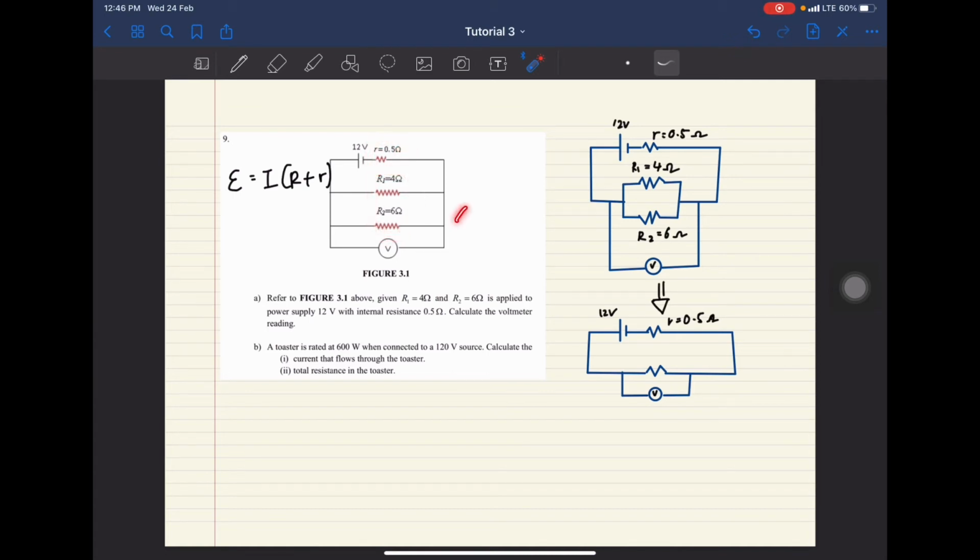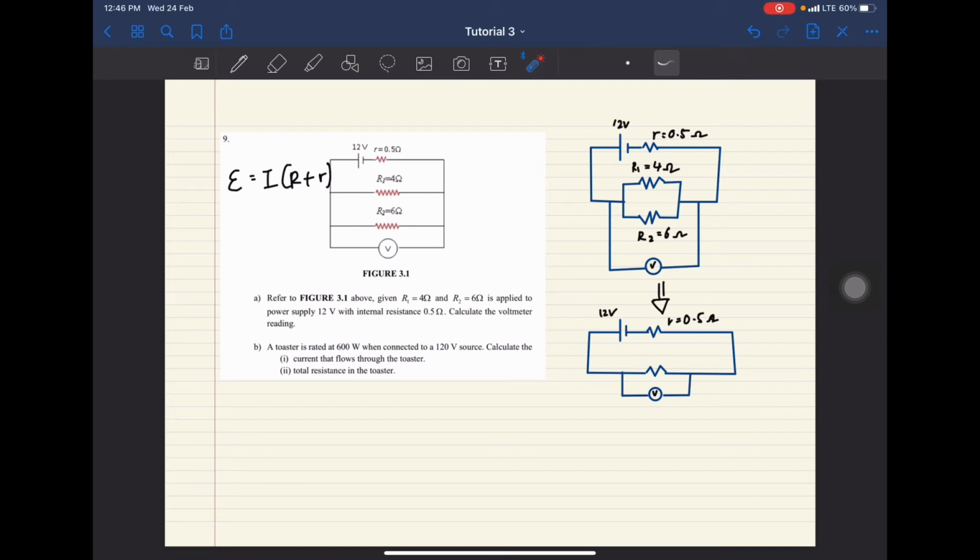I can redraw the diagram to something that you are familiar with, like this. I change the form of the parallel position. It is still parallel, just that I redraw it. And then this is the V, still connected parallel to the parallel resistor.